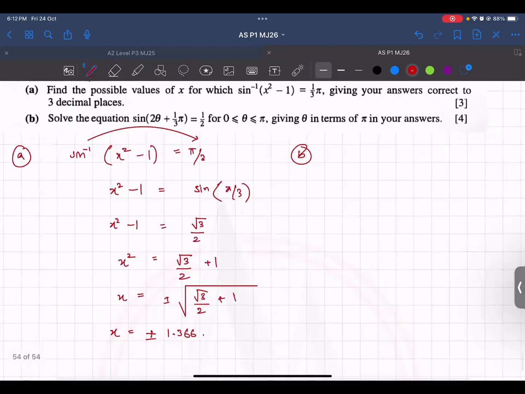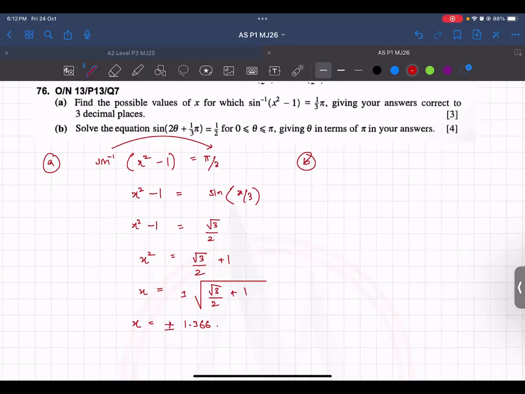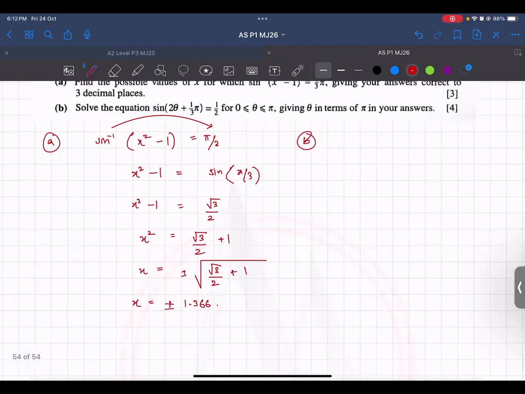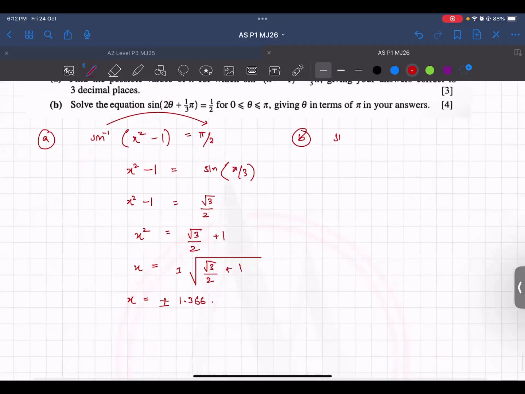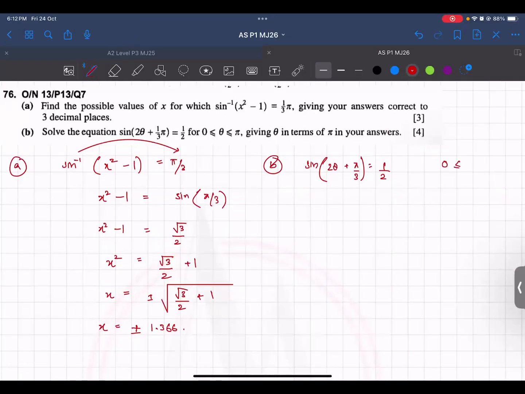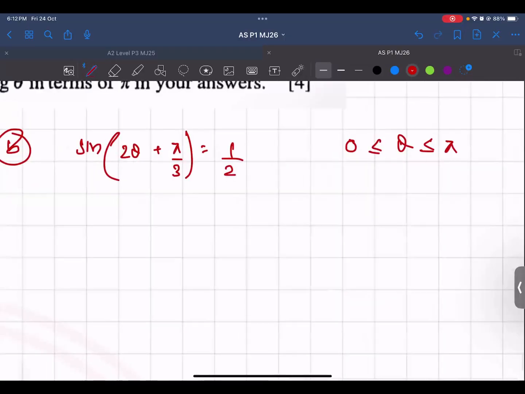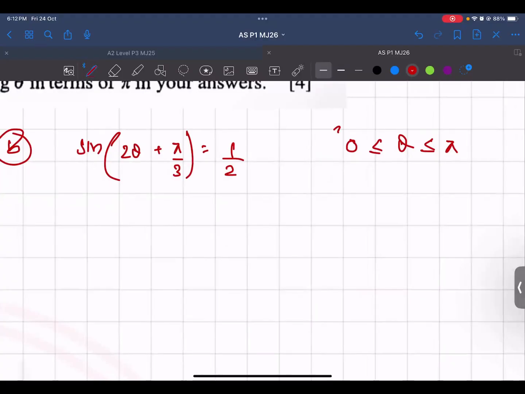Then part B: sine of 2 theta plus pi by 3 equals half. First, you will have to amend your range. Your range is from 0 till pi. So to make the range for 2 theta plus pi by 3, you multiply the complete thing by 2 first.